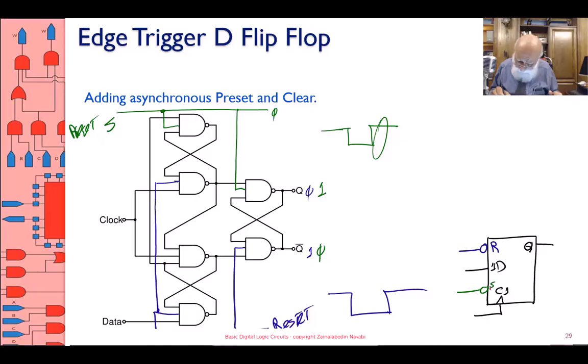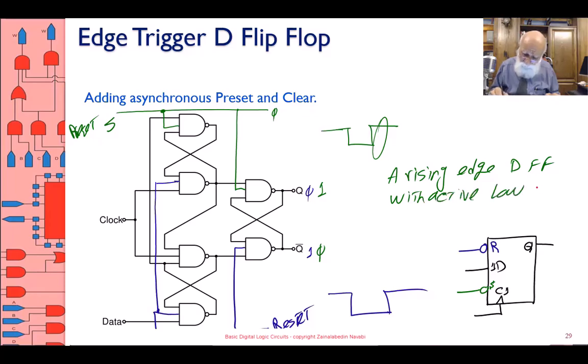This was S. That was R. This one is S. This is a rising edge D flip-flop with active low reset input and active low set input.